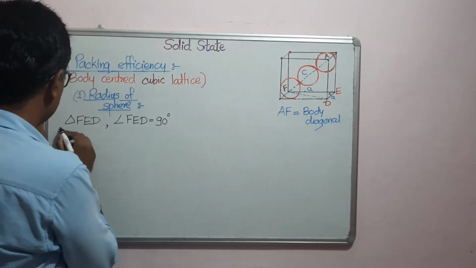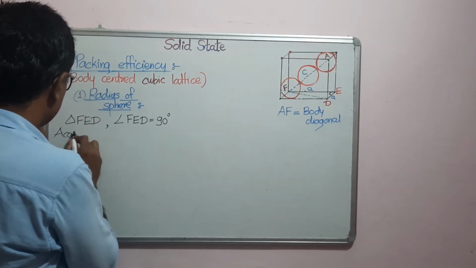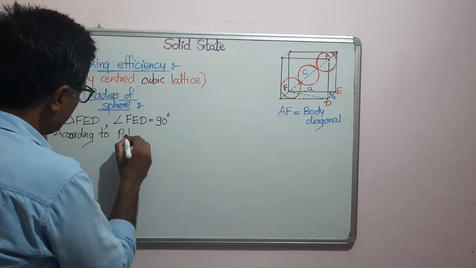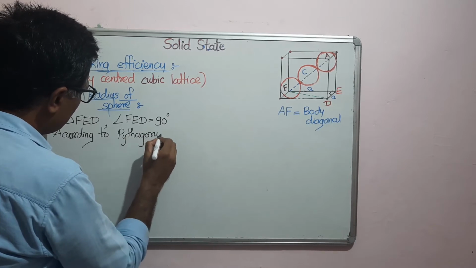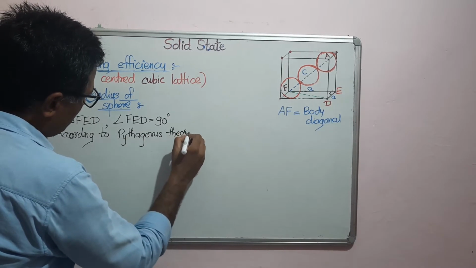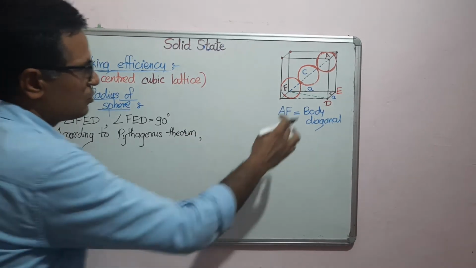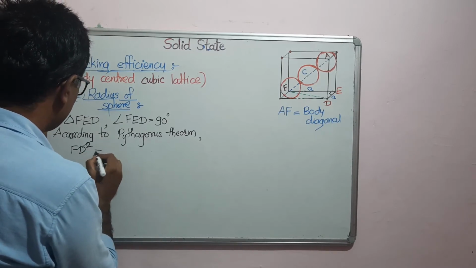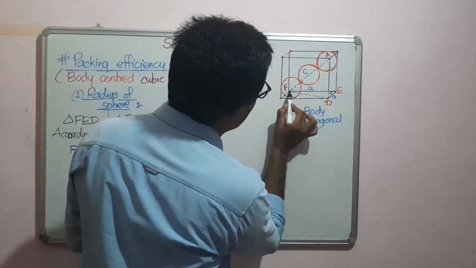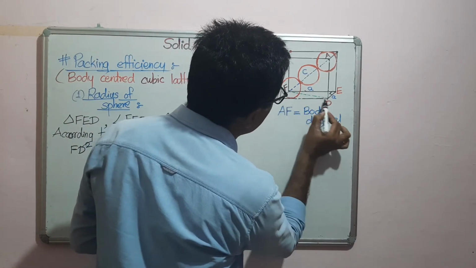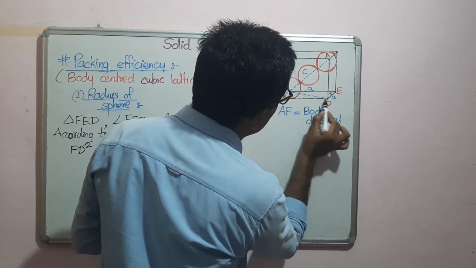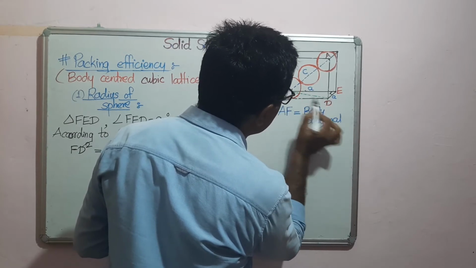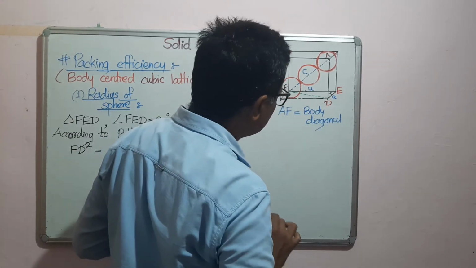According to the Pythagoras theorem, if it is a right angle triangle, then you can write FD square, where FD is the face diagonal, which is a line joining two opposite corners of the face. So that is your face diagonal.